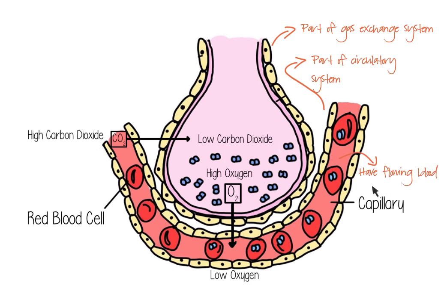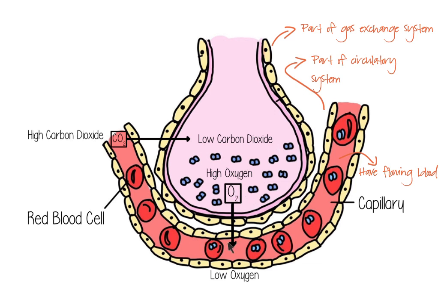So that flowing blood brings carbon dioxide from the body where it can diffuse into the alveoli. So the alveoli have a much lower concentration of carbon dioxide. That allows carbon dioxide to diffuse from the blood into the alveoli. On the other hand, the concentration of oxygen in the alveoli is much higher, so oxygen can diffuse from the air in the alveoli to the blood.